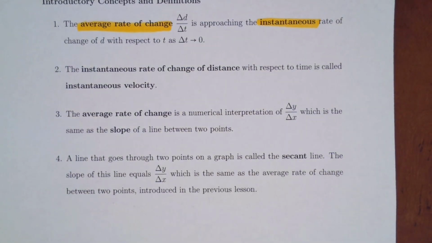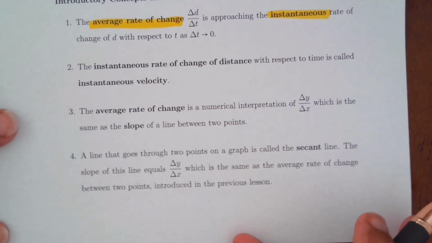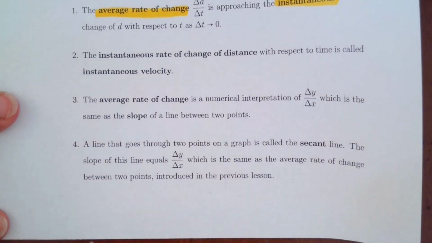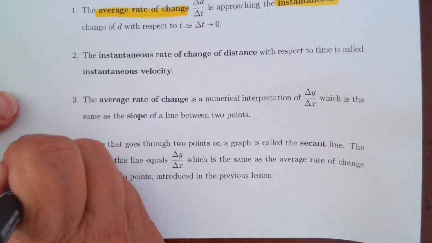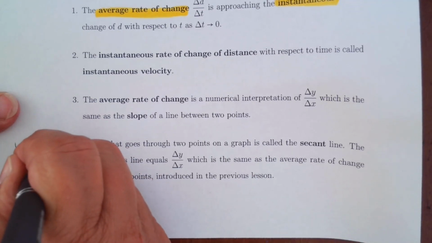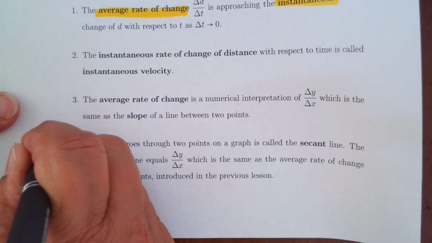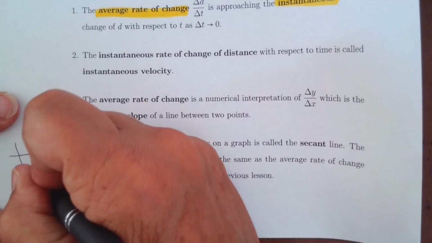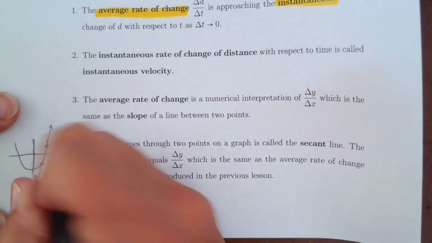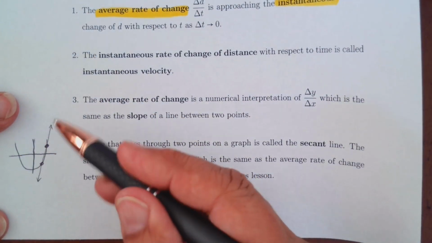So just quickly, if I had a graph, let's say a parabola, and I put 2 points on that graph, and you found the slope of that line that goes through those 2 points, that line is called a secant line.